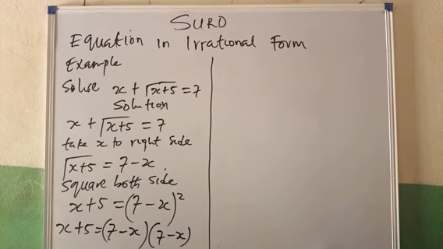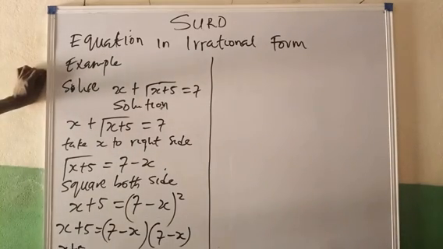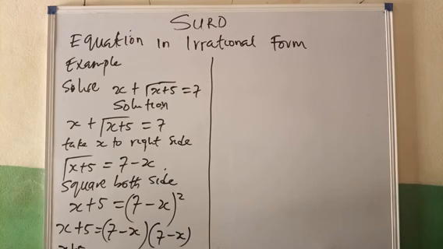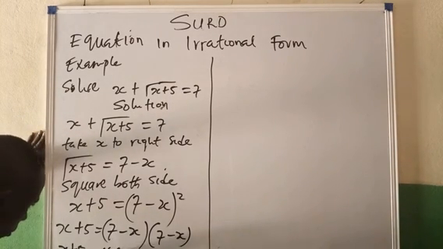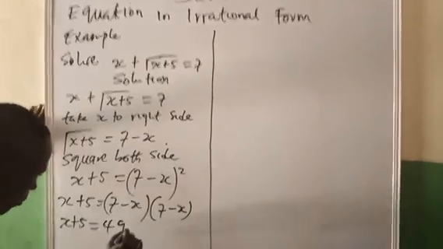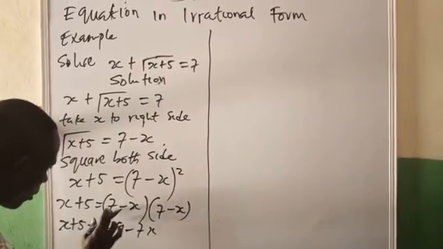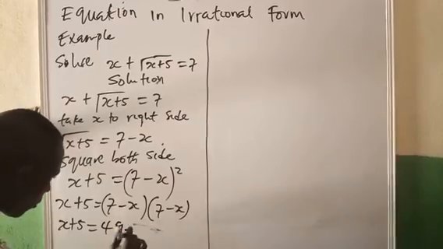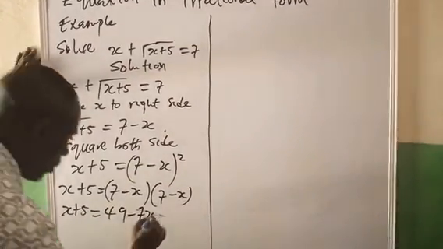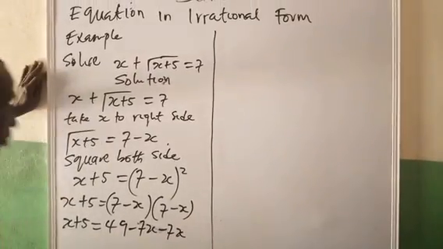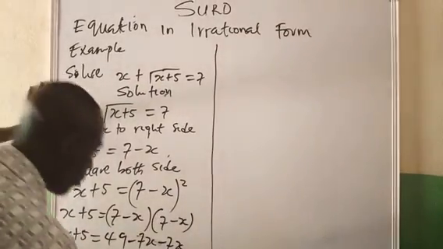So if you expand this, s plus 5 is equal to 49, 7 times 7 minus 7s, that's 7 times minus s will give you minus 7s, minus s times 7 will give you minus 7s, minus times minus will become what?